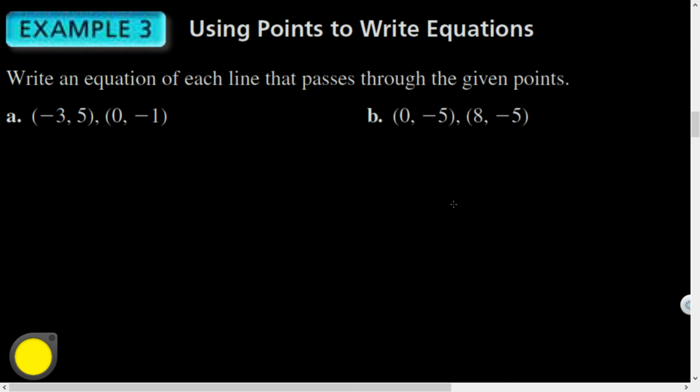Oh, no. Example 3. Oh, dear. You guys have that big blank space right there, so you could at least write down example 3. I wish I could just pretend these are fill-in-the-blank notes that I planned on purpose, but that is not the case. That was just a fumble right there.